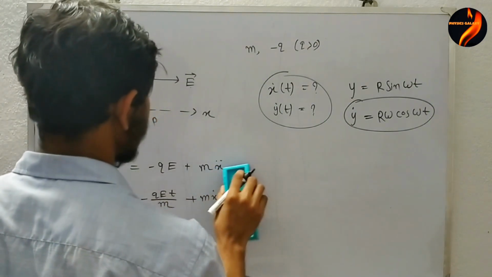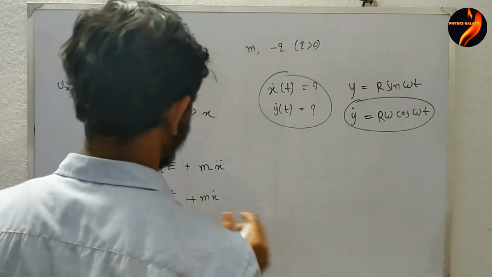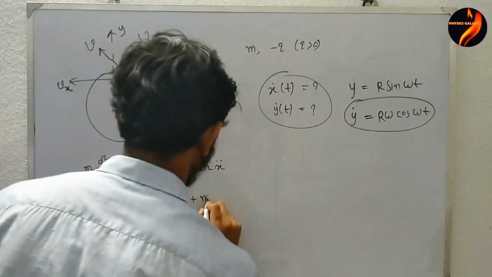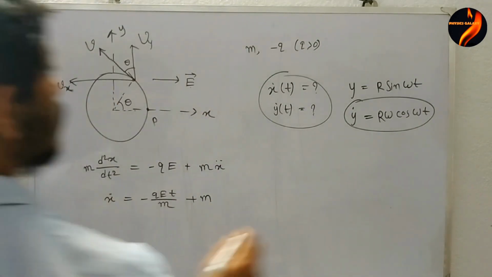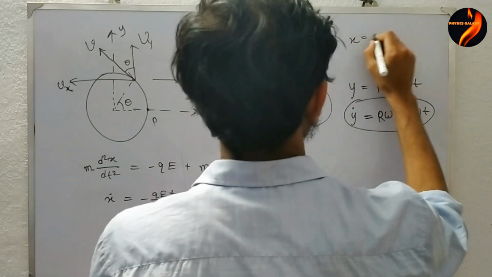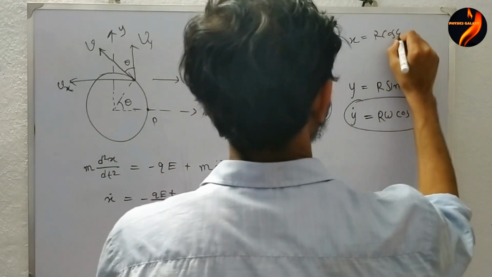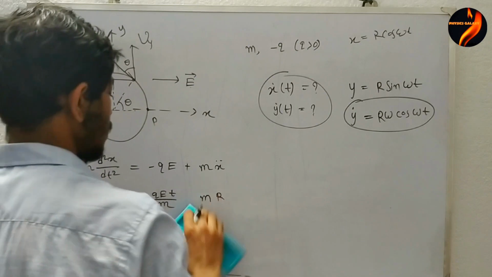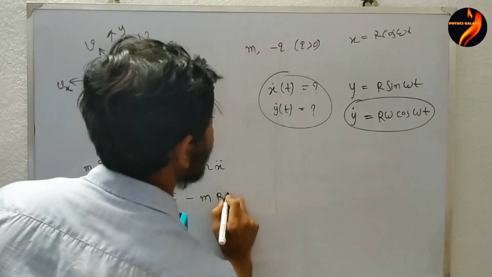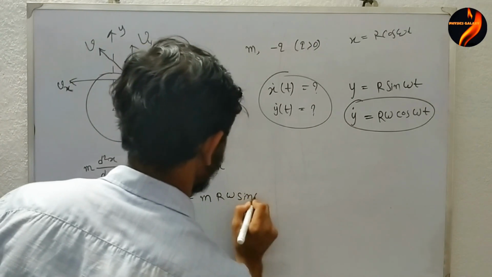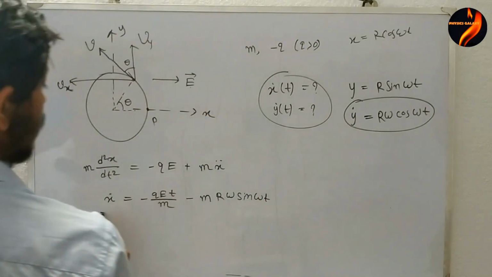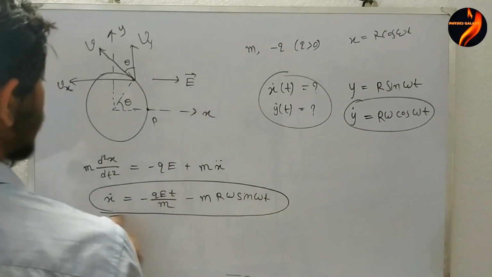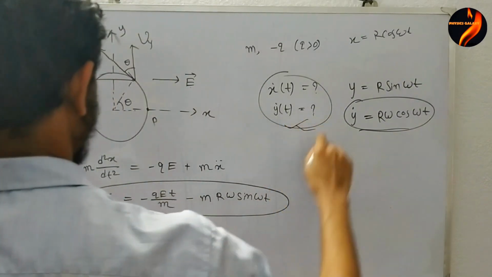And actually this x dot is different from the previous x. So the x is simply r cos omega t, so it is minus m r omega sin omega t. So this is our new x dot after applying this electric field. So this is the x dot and this is the y dot, and so the answer is here.